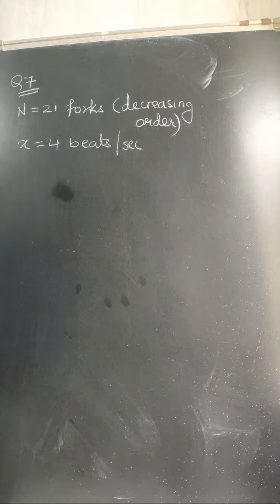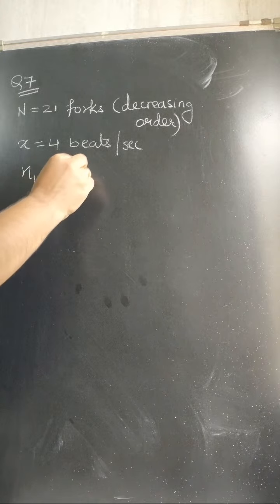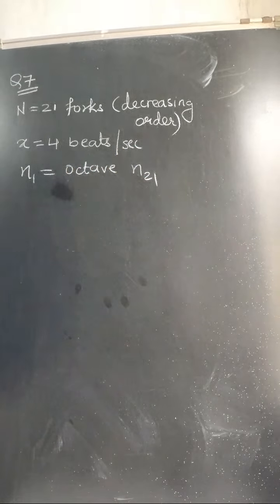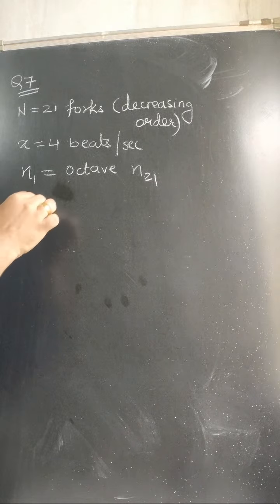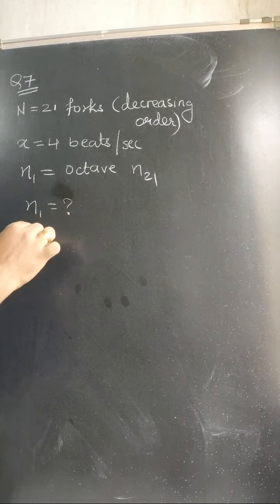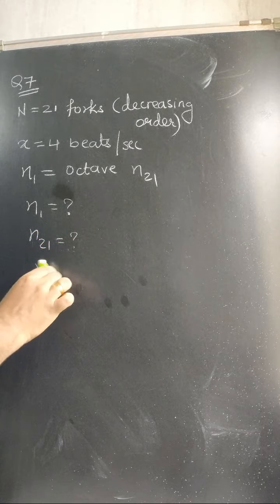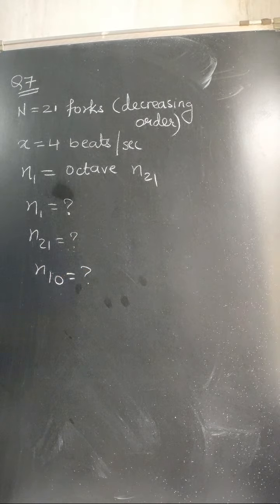If the first fork is the octave of the last, that is, the frequency of the first is the octave of the frequency of the last, find the frequencies of the first, last and 10th fork. We have to find 3 values: frequency of first, last and 10th fork.